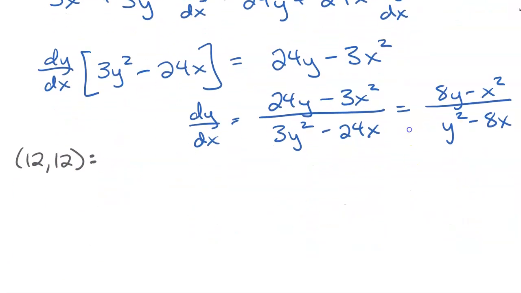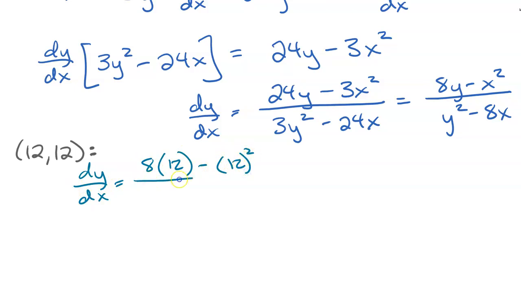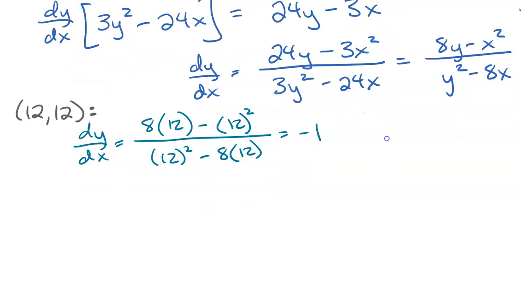So, dy/dx, 8 times 12 minus 12 squared over 12 squared minus 8 times 12, which should look really interesting, right? What is that? It's just -1. Easy enough.